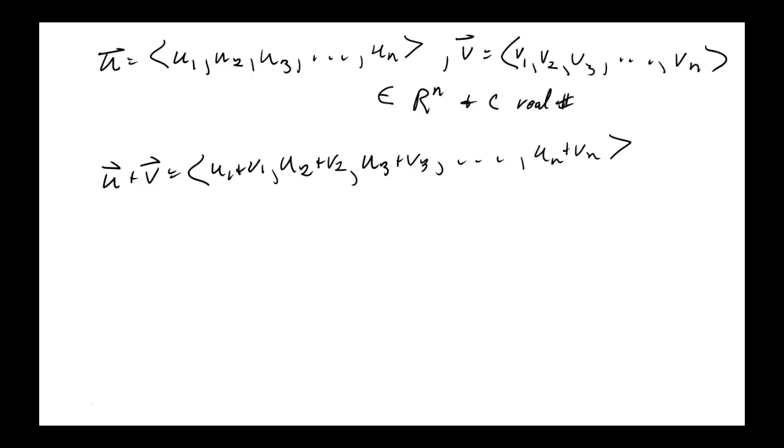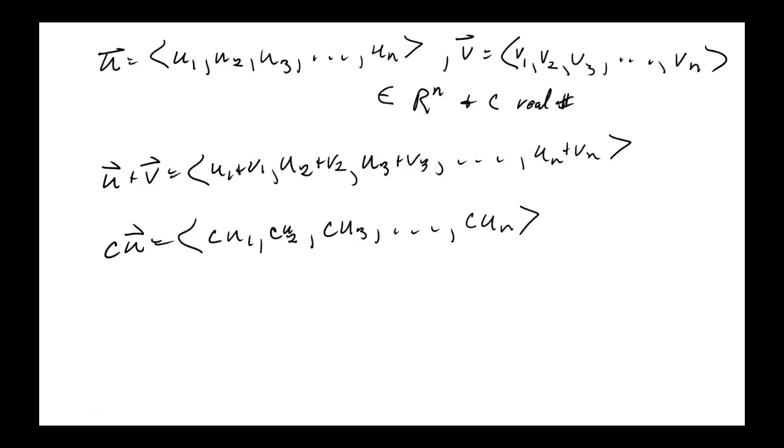Standard. I keep saying that because later they're going to do some weird things. Scalar multiplication of u by some scalar c, so cu would be cu1, cu2, cu3, dot, dot, dot, all the way up to cun, just like we defined before.